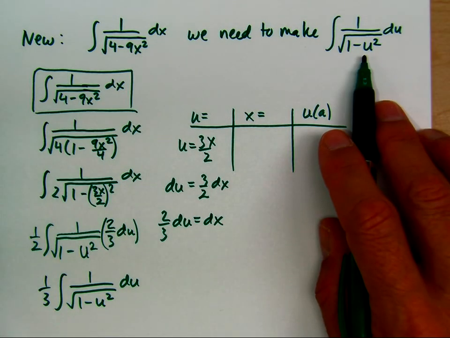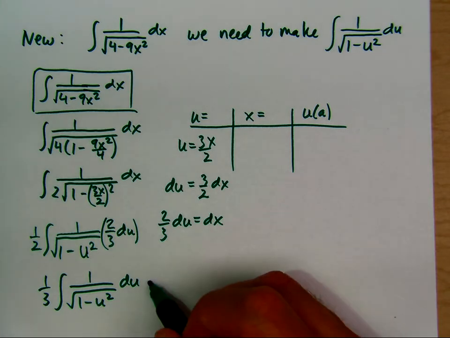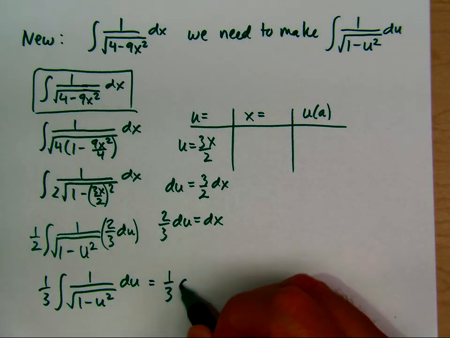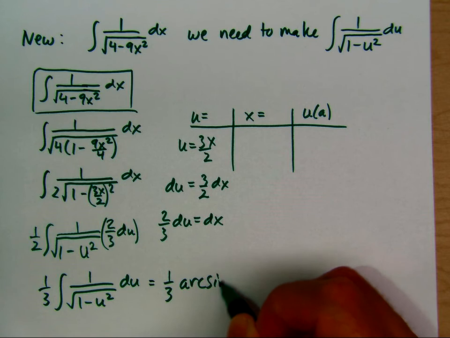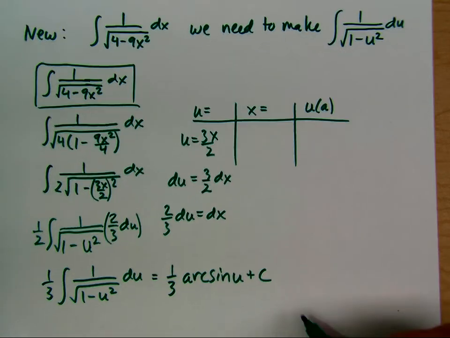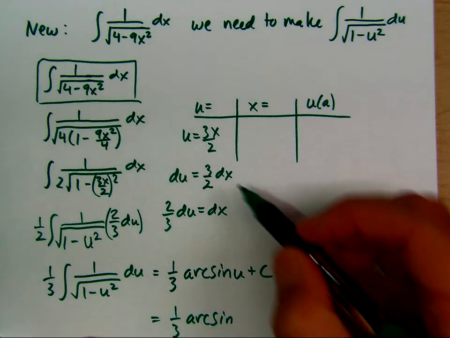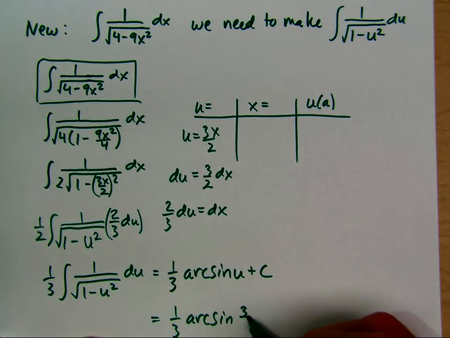This is the derivative of arcsine. So we know this is going to equal 1/3 arcsine of u. But we know what u is. u is 3/2 x.